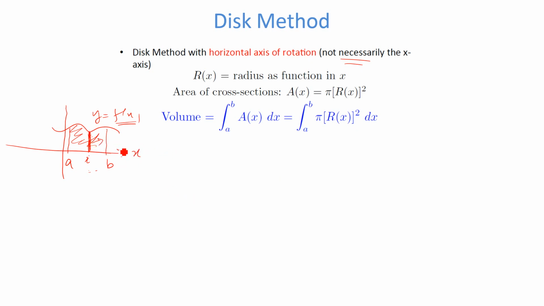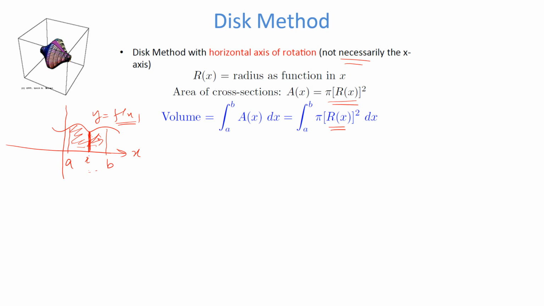So the area of the circle is pi times the radius squared. The target here is to find the radius as a function of x. So volume is equal to the integral from a to b of pi r(x) square dx. So while rotating, we are going to have circles when there is no gap. Cross sections are circles when there is no gap between the axis of rotation and the region to be rotated.